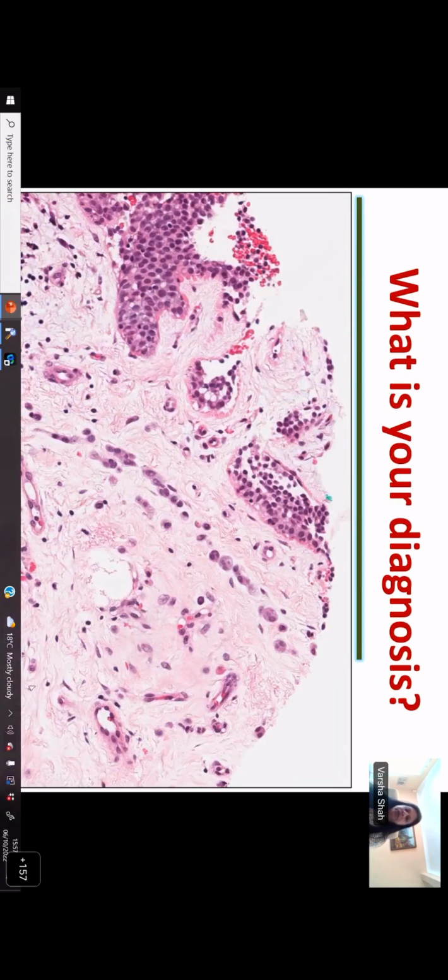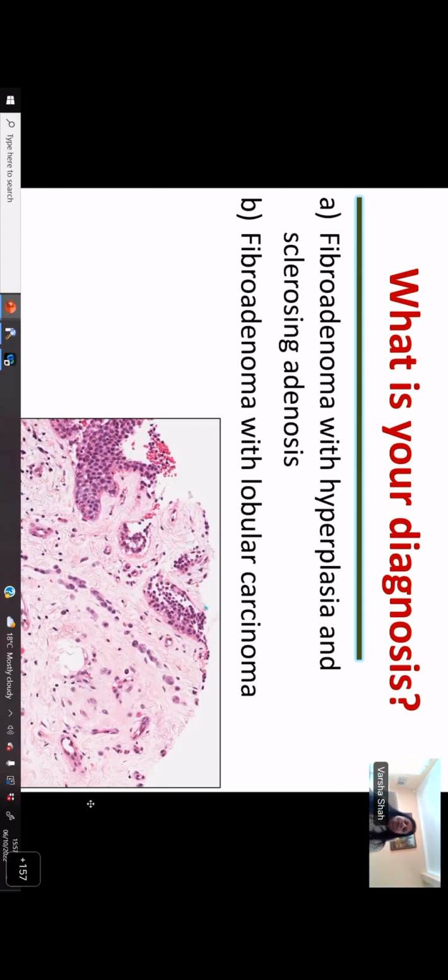There's a background fibromyxoid stroma there, and then there is some proliferation going on here. I can tell you that the mass lesion had an appearance of fibroadenoma, but within which there was a lot of proliferation going on. So what is it? Is it fibroadenoma with sclerosing adenosis, or is it lobular carcinoma?